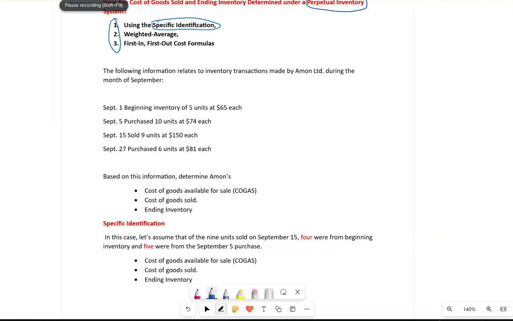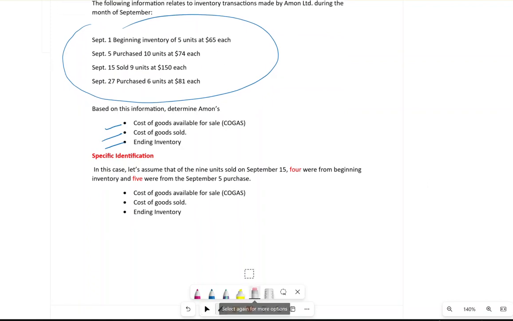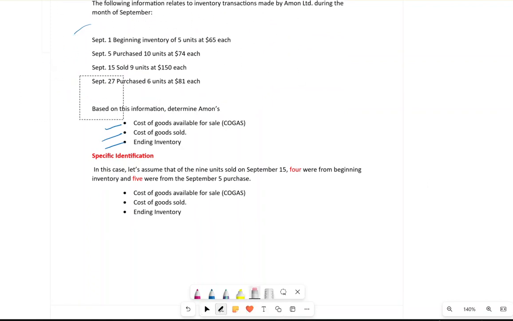So based on the information that is given to us, we need to calculate cost of goods available, cost of goods sold, and the ending inventory. Our first method is where they tell you which units they are selling. But before we sell, we need to know what we have available, what we sold, and what is my ending inventory.